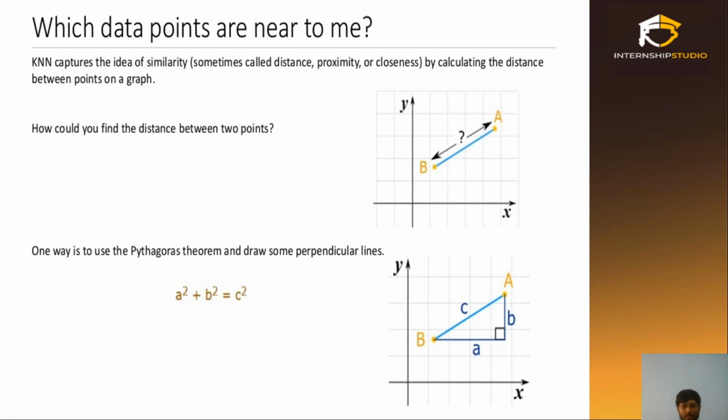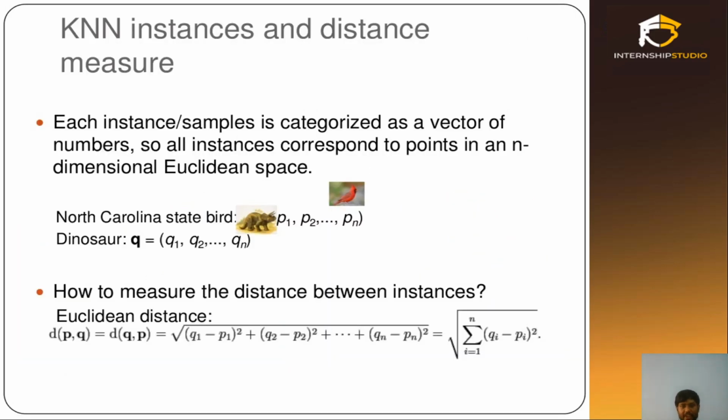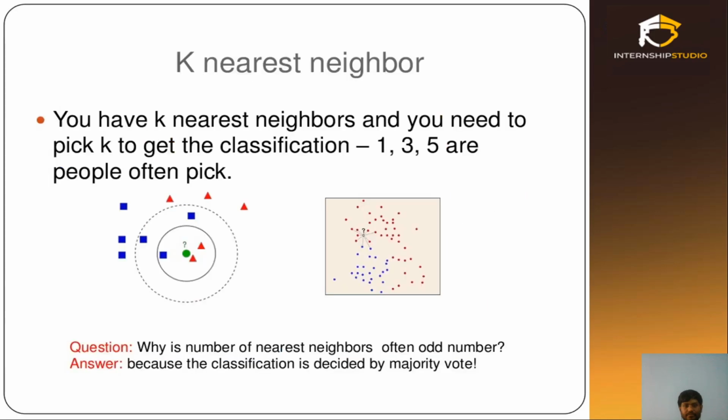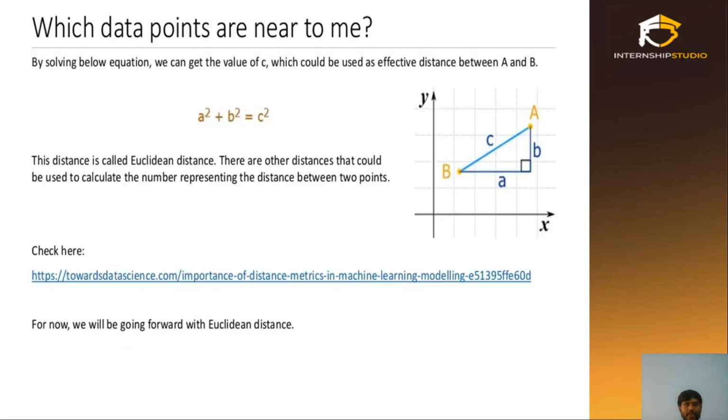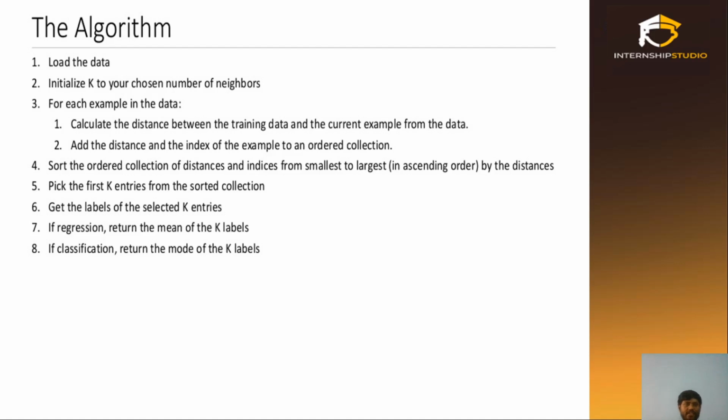This is the Euclidean distance, and this is how we calculate it, as I have shown here. So which data points are near to me? This Euclidean distance we use to find the data points that are near to the unknown sample that we are dealing with.